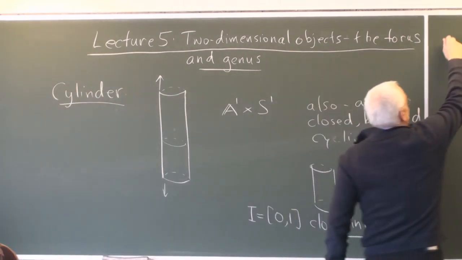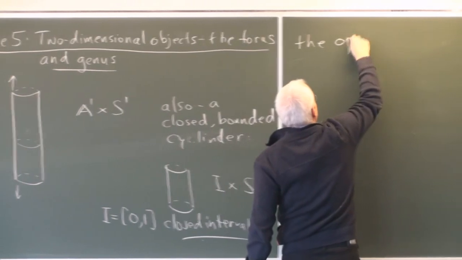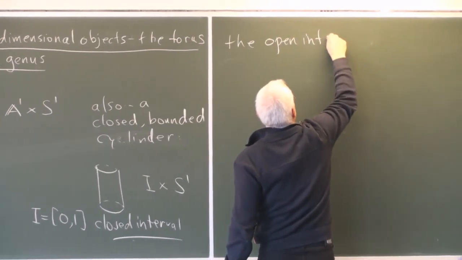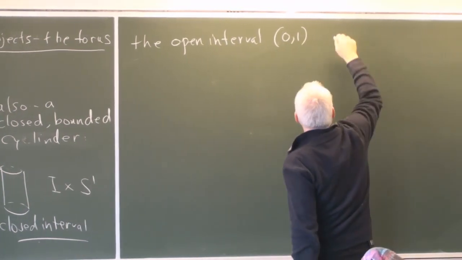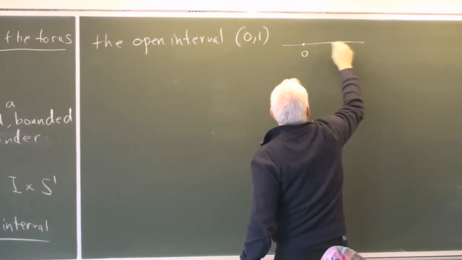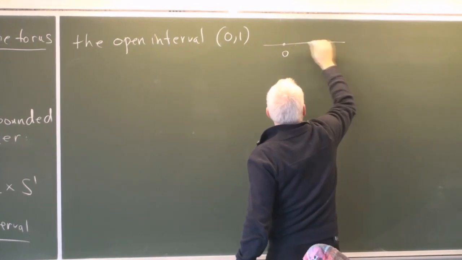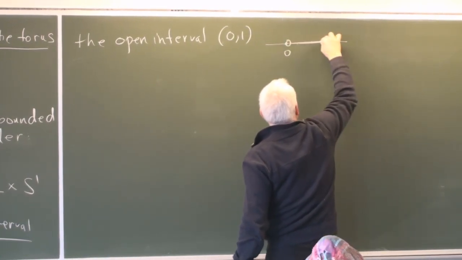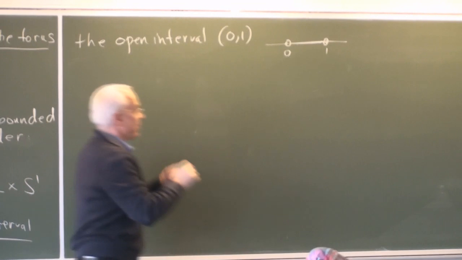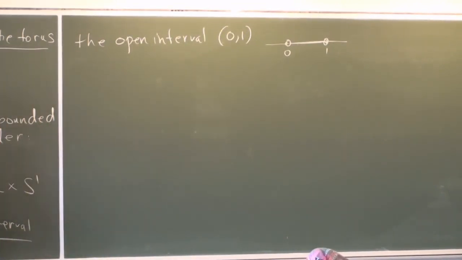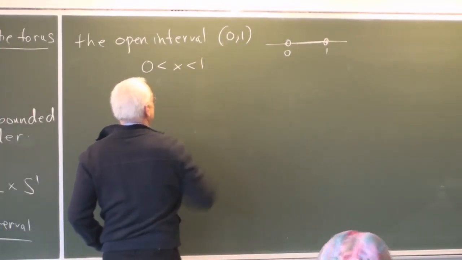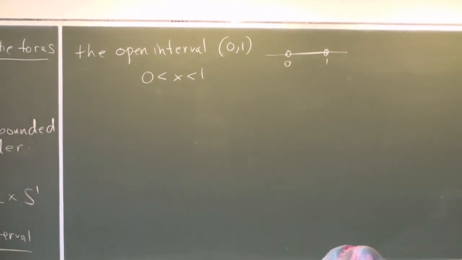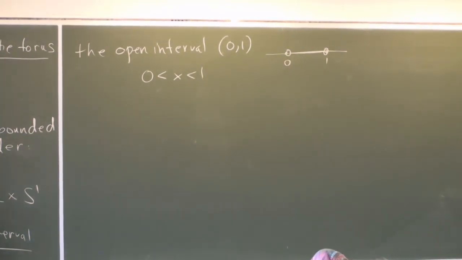So the open interval, denoted usually by 0, 1, and on the line we would indicate that by putting a round circle, usually sort of an interval with some round circles instead of closed circles. That's the open interval, so it's described by the inequality 0 is less than x less than 1. This is homeomorphic to a line.